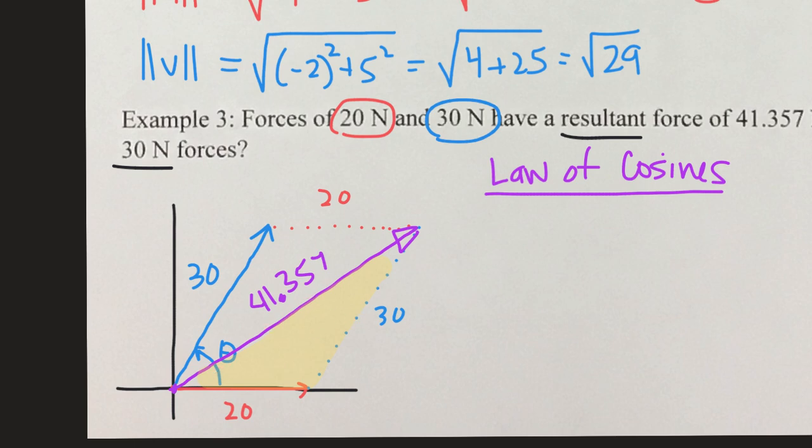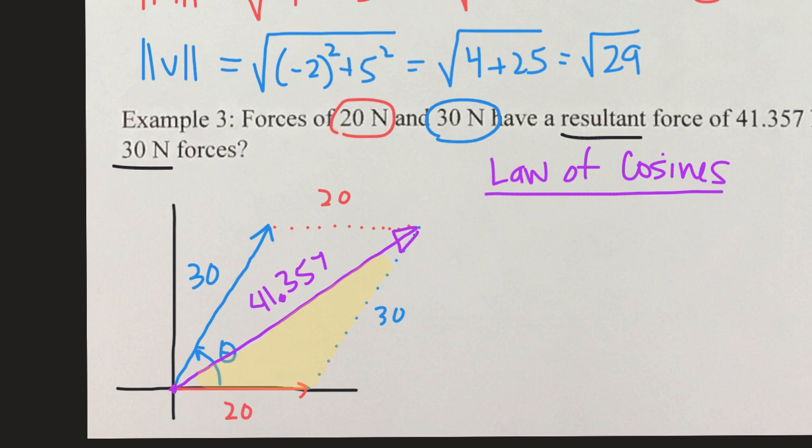So we could figure out what this angle down here is. If we have 30, we could find this angle up here, which is across from our 20, or we could find this purple angle, which is across from your 41.357.